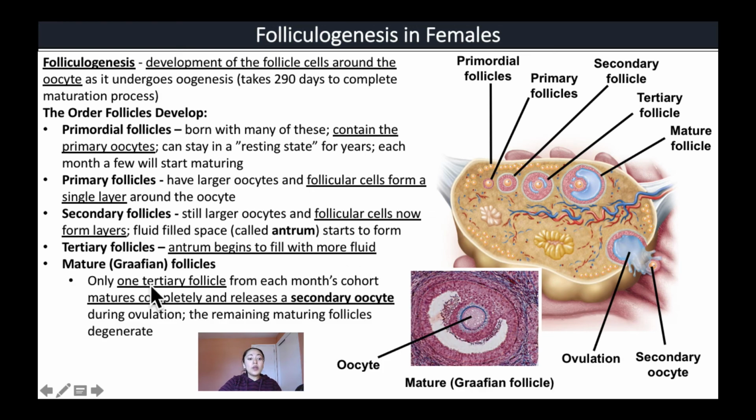So again, only one tertiary follicle from each month's cohort will mature and become what we call a mature or Graafian follicle. And this mature follicle will contain a secondary oocyte, and that secondary oocyte will be released during ovulation. The remaining maturing follicles or tertiary follicles that were maturing at the same time will actually just degenerate and die.